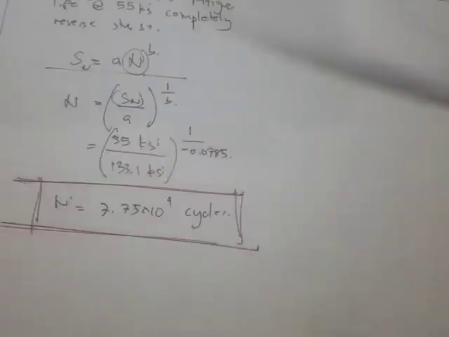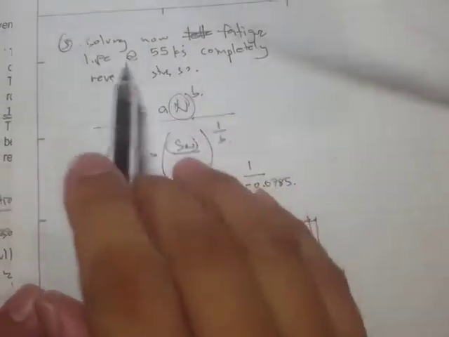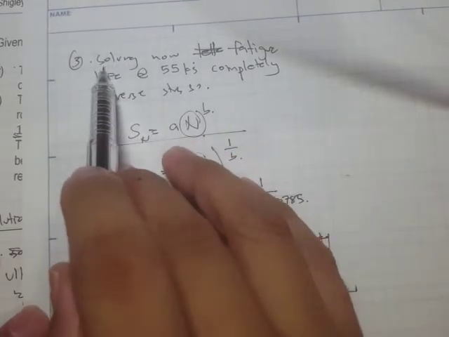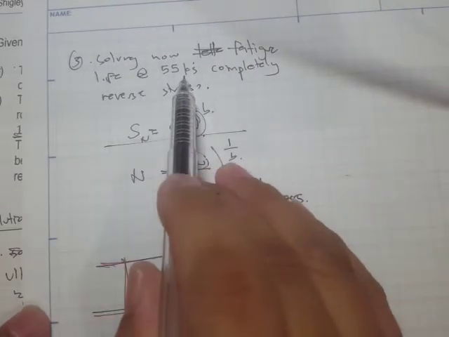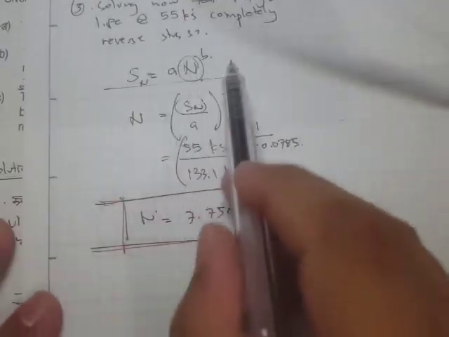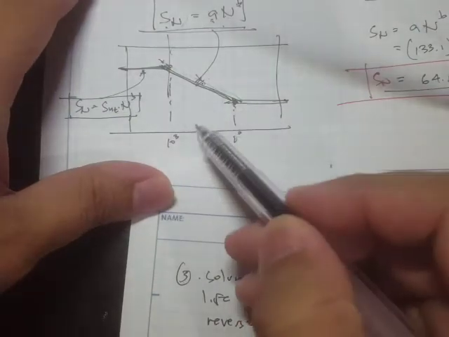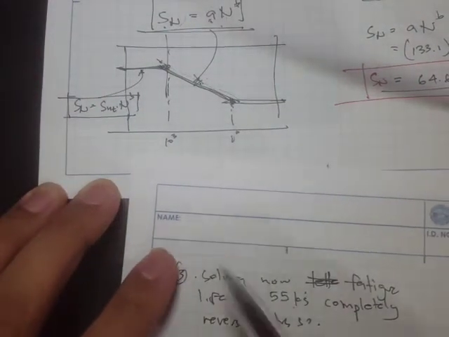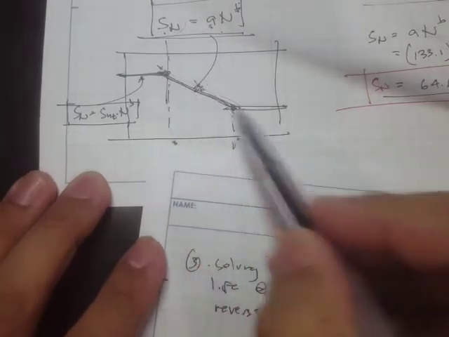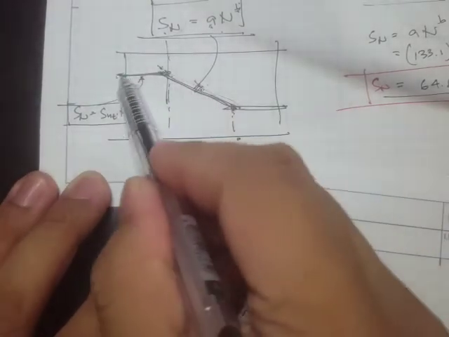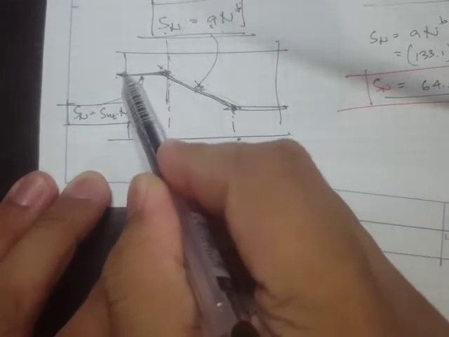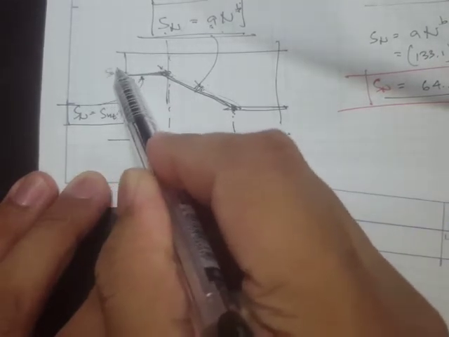And the last problem is to solve for the fatigue life at 55 KSI, right? So we use the same equation because we are still in this region, because right here, the value right here is actually the SUT, right?